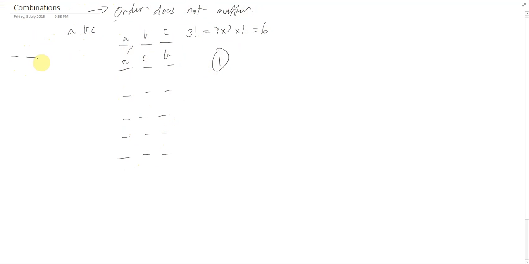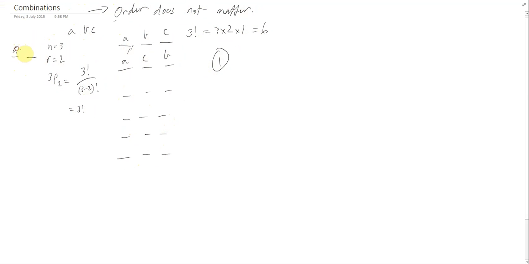Now suppose we were arranging A, B and C only into pairs, different possible pairs. That would be much more interesting. That would be like doing n number of objects is 3, number of spots is 2, so that's 3P2, or also known as 3 factorial over 3 minus 2 factorial. 3 minus 2 is 1, so that's just 3 factorial. So let's check this out.